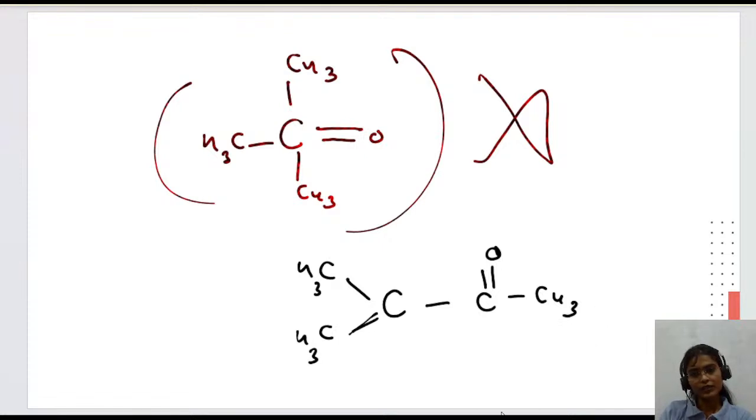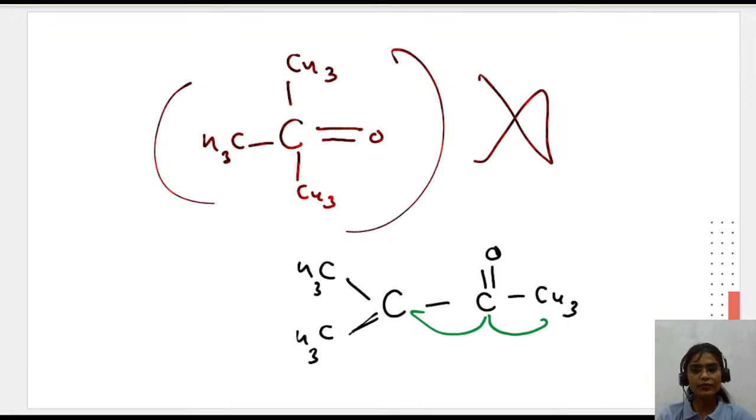It's kind of impossible. Abhishek, the ketone can't be 3 degree. You are right, Abhishek. For 3 degree, we are going to use the Grignard reagent. Just wait for some time.